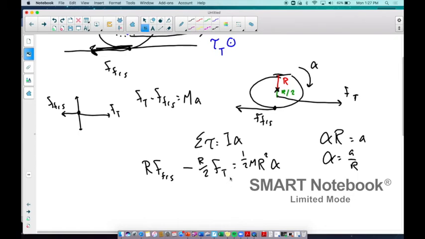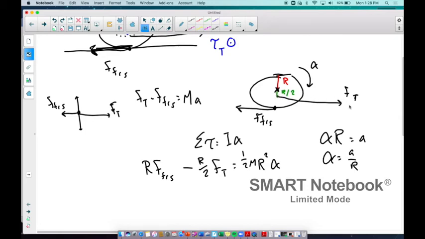So I just want you guys to get the hang of our new problem solving strategy here. We're analyzing it as a point particle to figure out what's happening overall to the acceleration of the body, of the center of mass, as we say. And then we're doing another free body diagram of the extended object, thinking about where the forces are, and our directionality is different now, right?